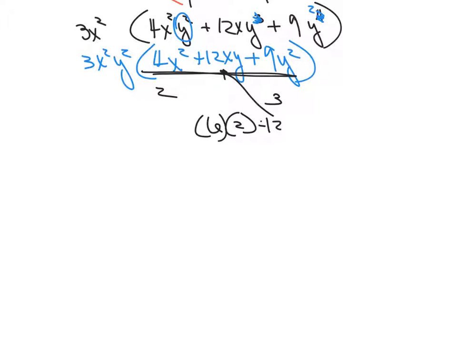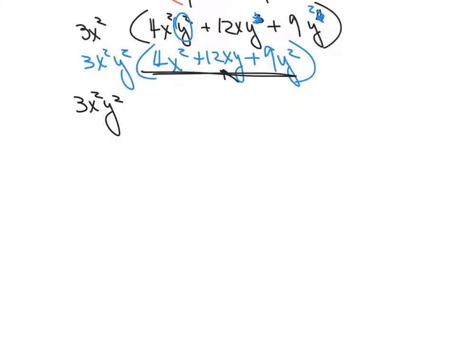If I do, then I can factor that. So 3x squared y squared, and I get the square root of that, the square root of that, and a plus sign between them.